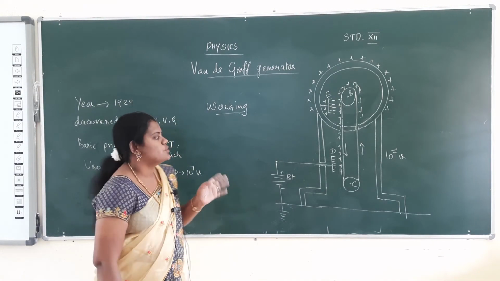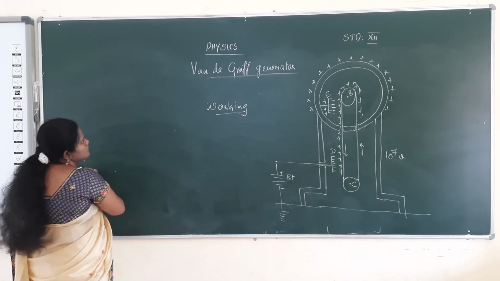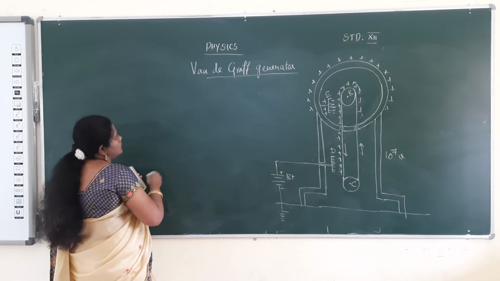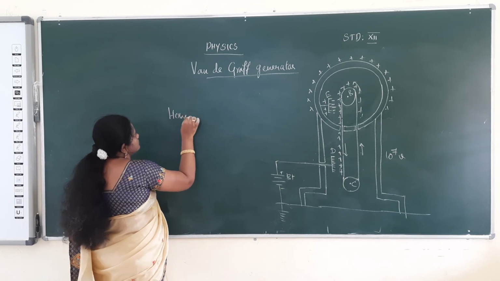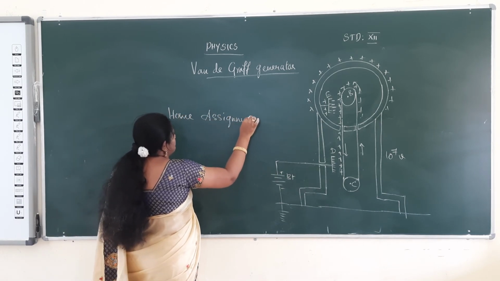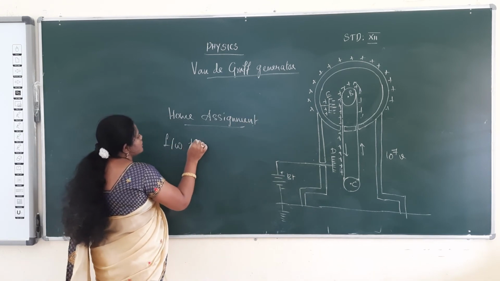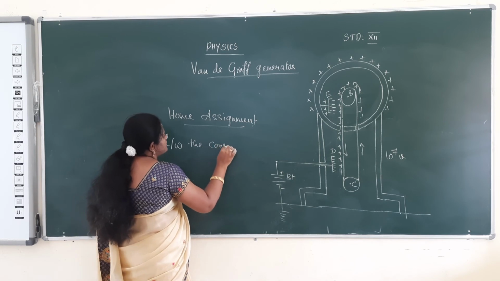Okay. Today's home assignment is: learn and write the construction and working of a Van de Graaff generator.